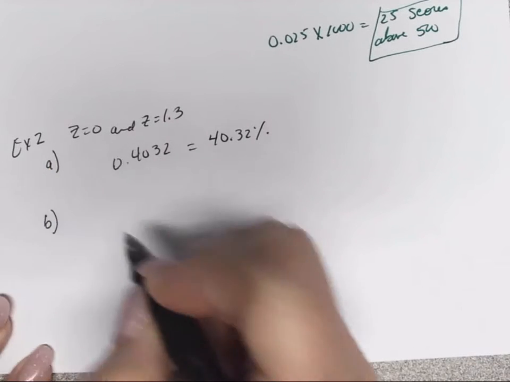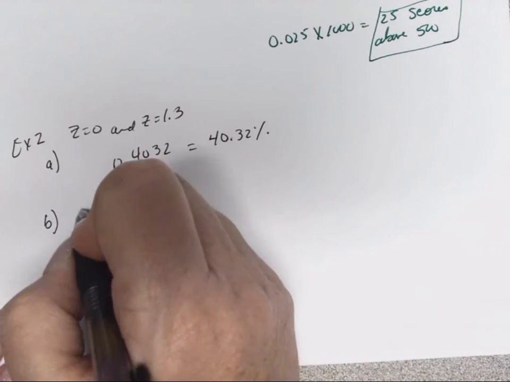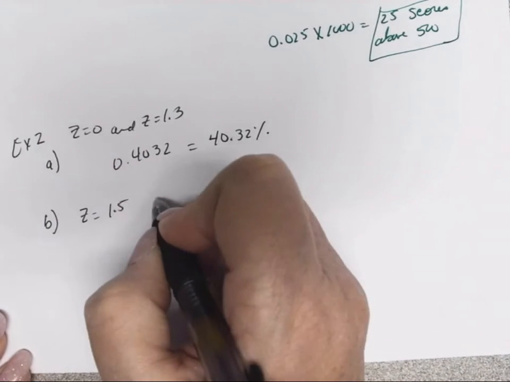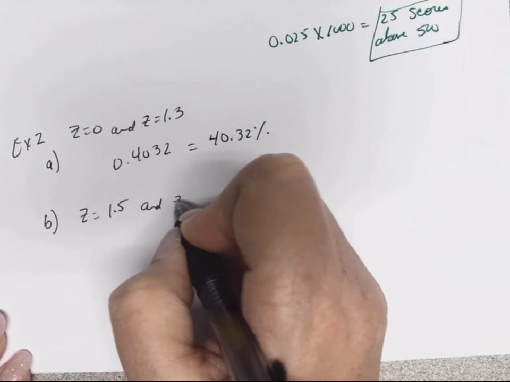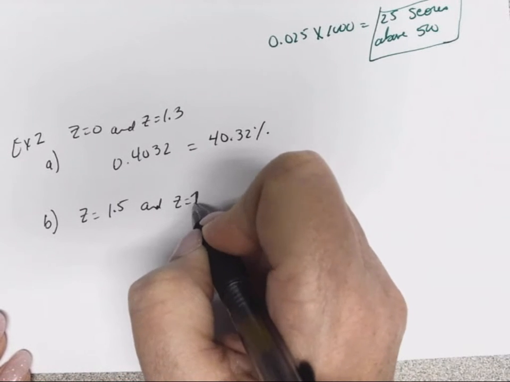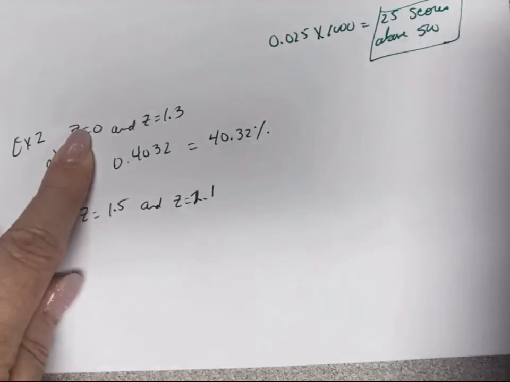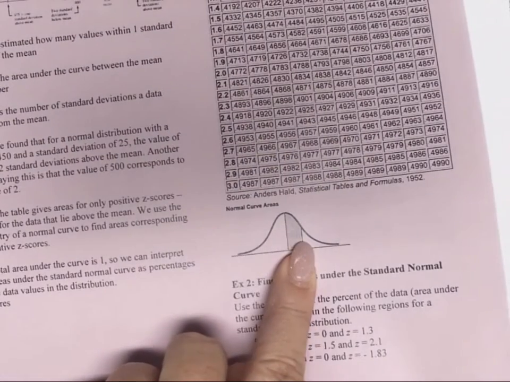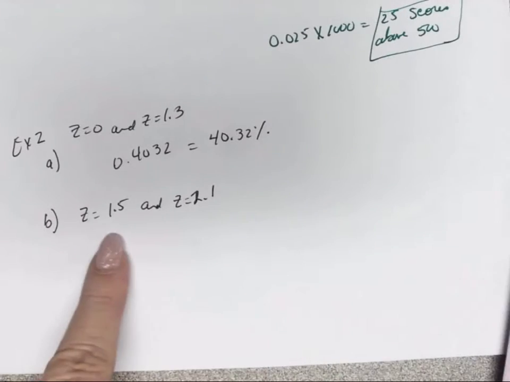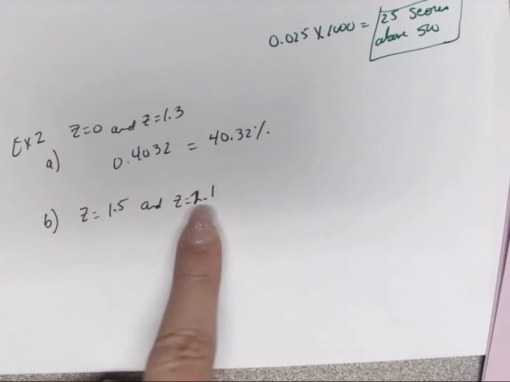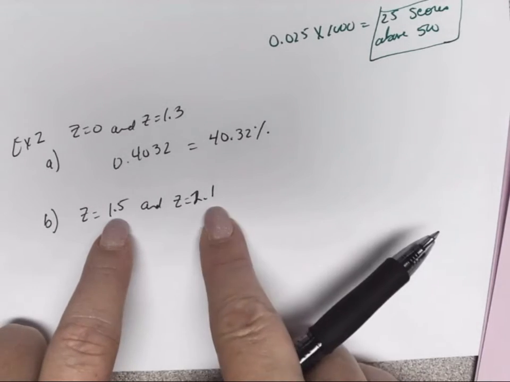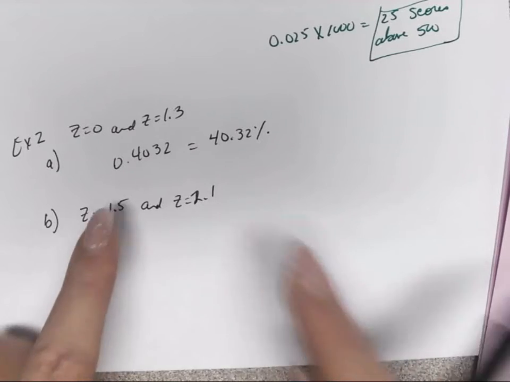For part B, we have z is equal to 1.5 and z is equal to 2.1. So this one was the area under the curve between the 0 and that. This one is not. It's between 1.5 and 2.1. So we'll find the area here, and we will subtract them.